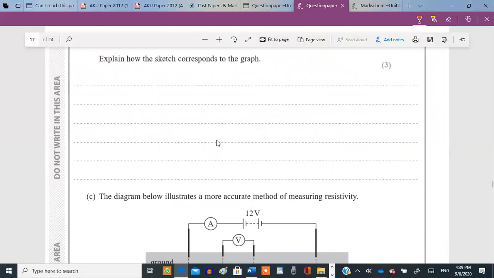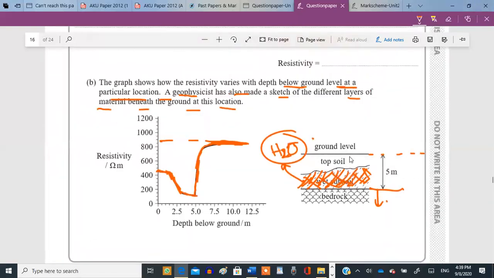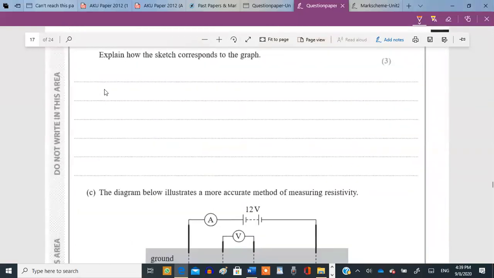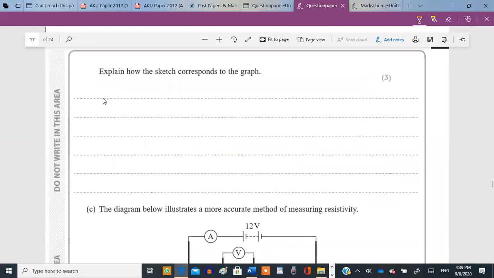So explain how it corresponds to the sketch of the graph. First of all, the topsoil has a fair resistivity, but as we go beneath the topsoil and reach the wet soil, it has a lesser resistivity compared to the topsoil.